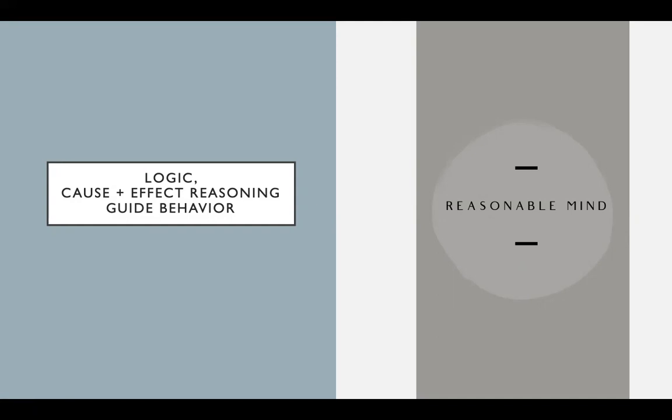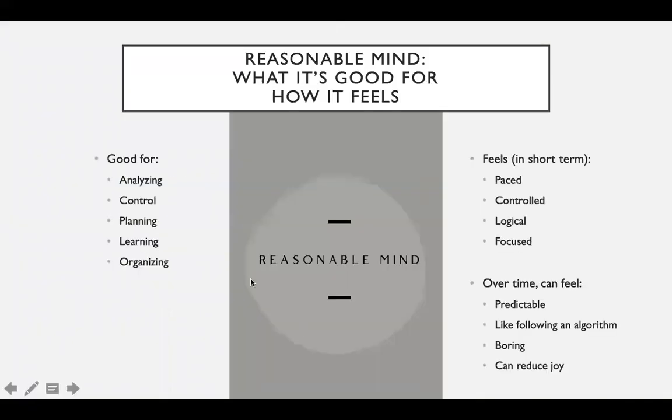Most of empirical research or science is based on reasonable mind, including the scientific method. When we're running meetings, we know that there is this benefit to reason. So reason is the part of you that plans and evaluates things. It helps us with analyzation, control, planning.